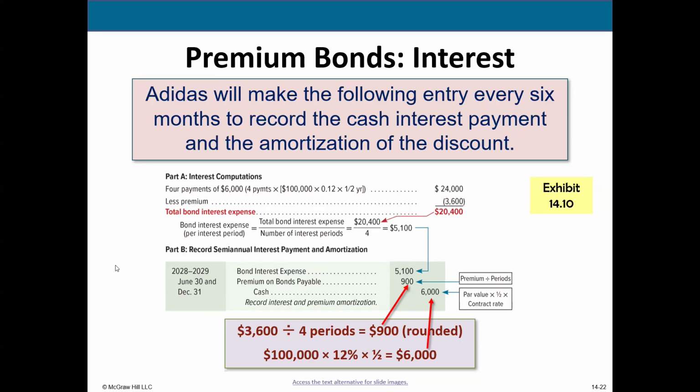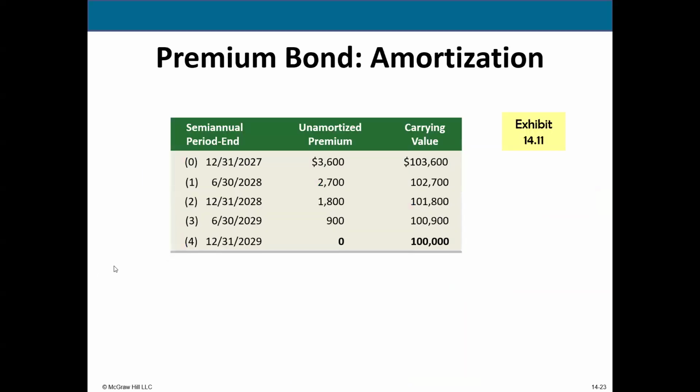And this is what it would look like on an amortization schedule. At the issuance, 103,600 equals the 100,000 par value plus the 3,600 unamortized premium on the bond payable.